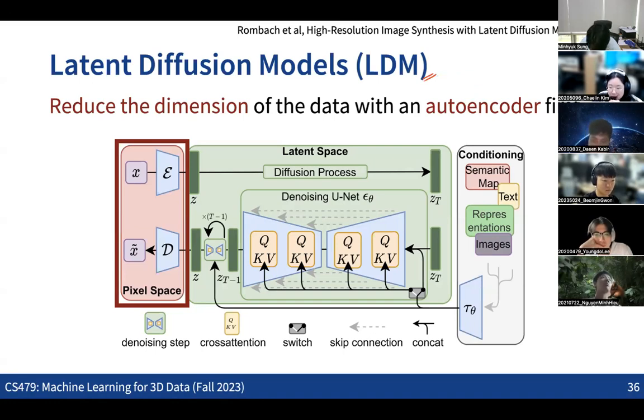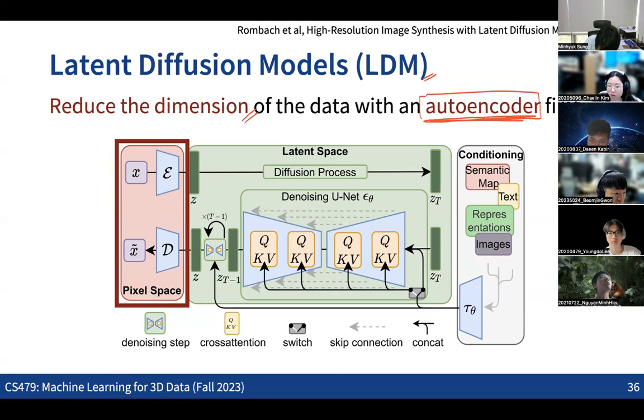The idea is simple: first reduce the dimension of the data, so that all the computation, especially the noise prediction network architecture, becomes more compact, dealing with a small dimension of the data. We first have an autoencoder and use it as a dimension reduction technique.